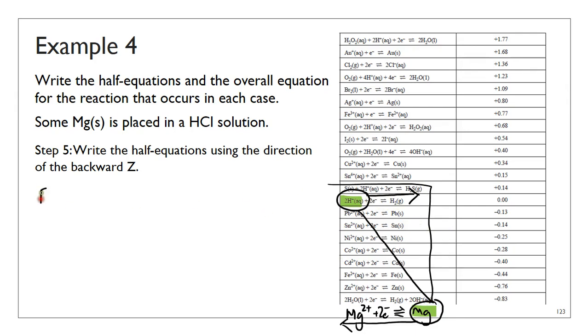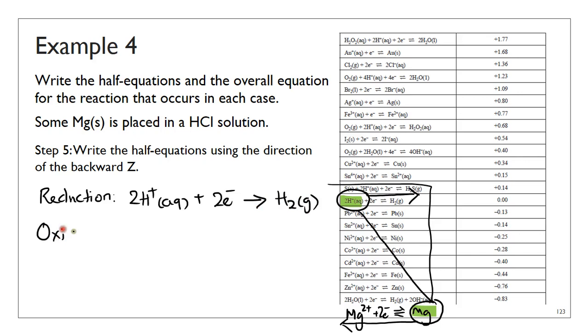So the reduction one, you follow the direction of the arrow. So when you transfer a half equation from the electrochemical series to your work, you will drop the double arrow, because there's only one direction that the equation is going here. So I'm going to just write 2H+ plus 2 electrons in one direction, so not a double arrow anymore, just one going to H2. So that's the reduction.